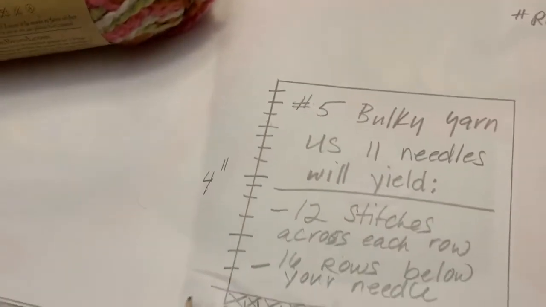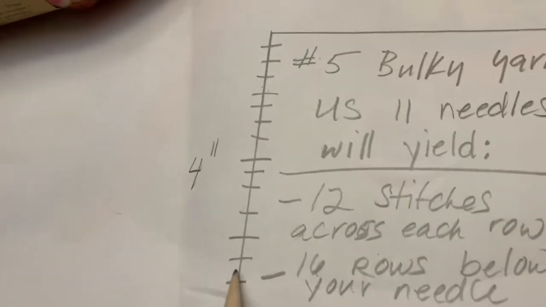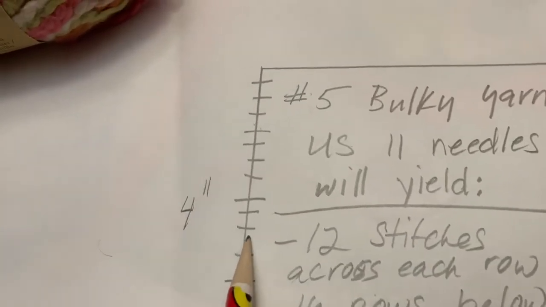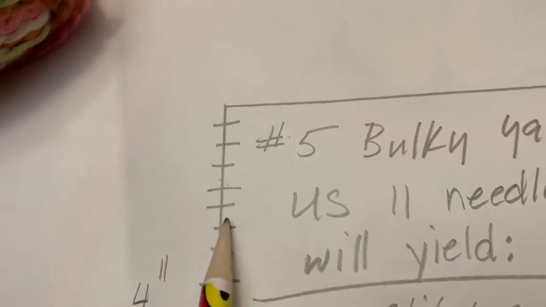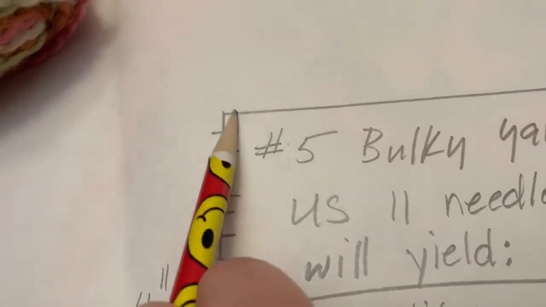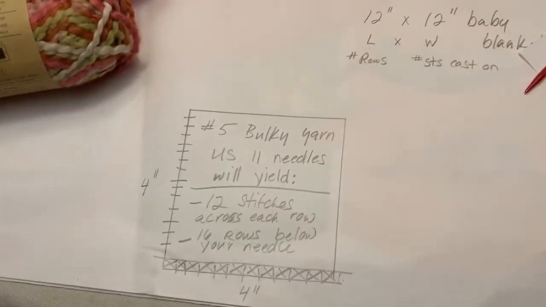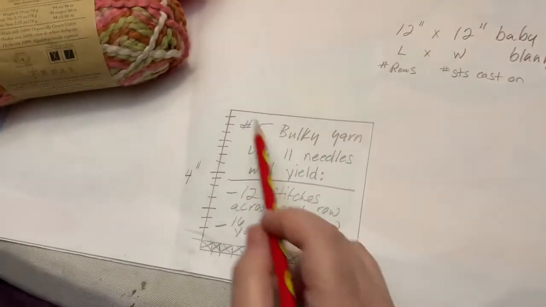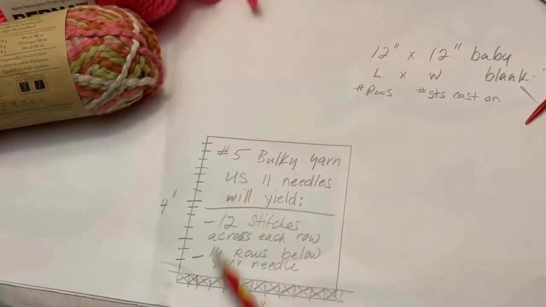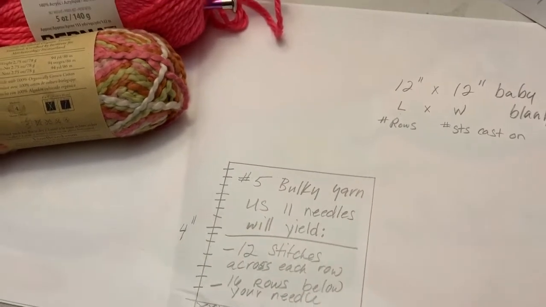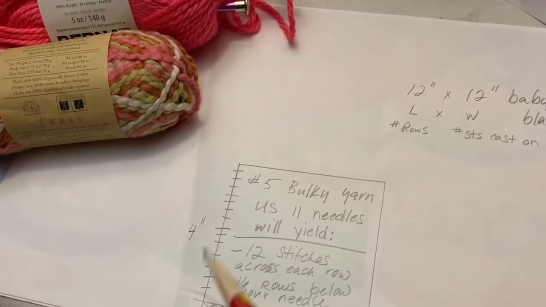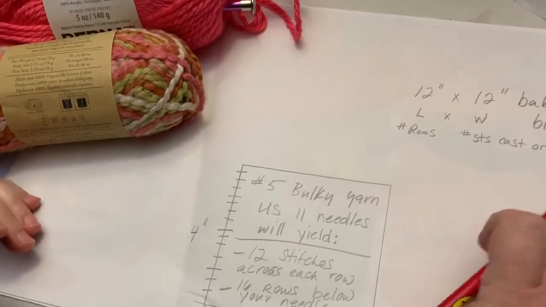Then let's count. 1, 2, 3, 4, 5, 6, 7, 8, 9, 10, 11, 12, 13, 14, 15, 16 rows. Stay right there, Ollie. So that's how many rows I would knit in order to get a swatch this size.